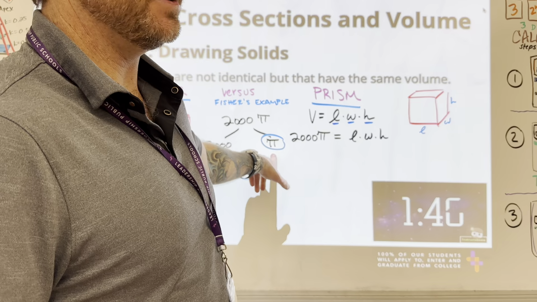So for this one, it's pi times 10 squared times 20, which equals 100 pi times 20, which equals 2 times 100 is 200 plus a 0, 2,000 pi centimeters cubed. So this volume is 2,000 pi cubic centimeters.